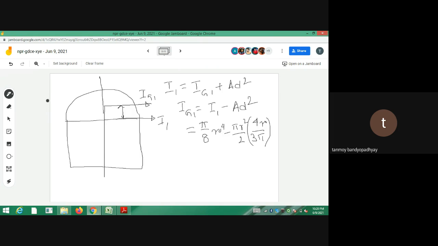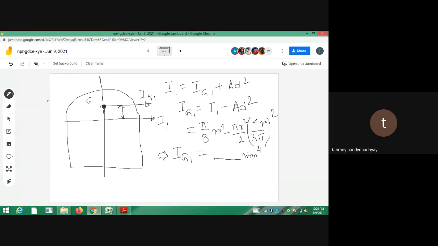Now you calculate this value and you will get IG1. Whatever value you find, just write the answer. It won't match my answer because I made a mistake there, that's why I fumbled.